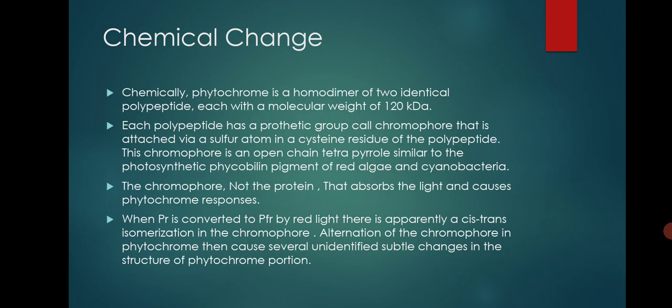The chromophore is the part of the protein that absorbs the light and causes phytochrome responses. When PR is converted to PFR by red light, there is apparently a cis-trans isomerization in the chromophore. Alteration of the chromophore in phytochrome then causes several subtle changes in the structure of the phytochrome portion.